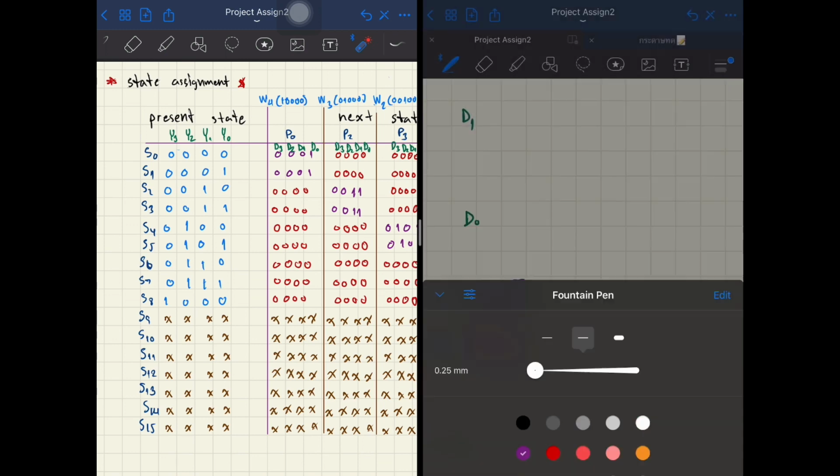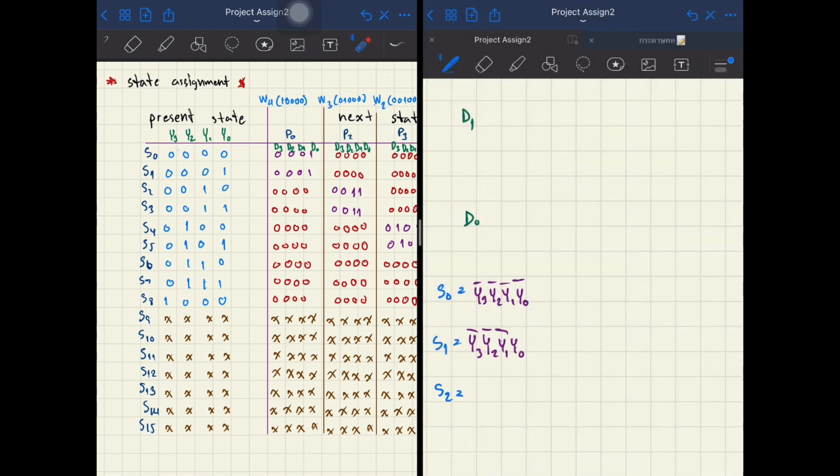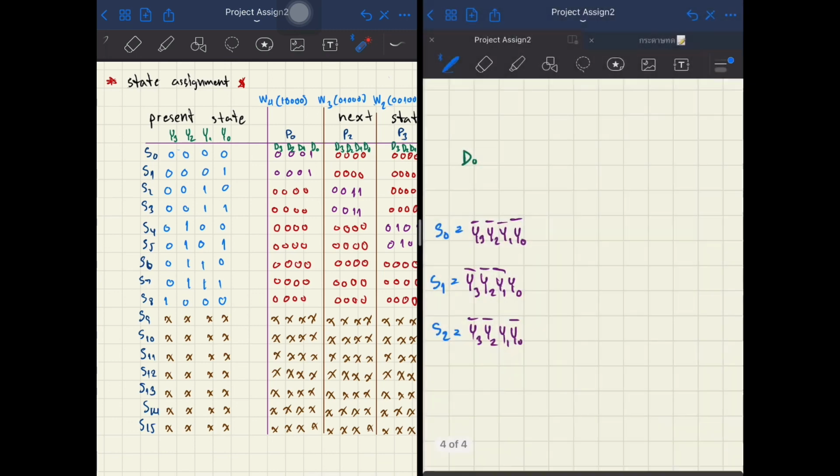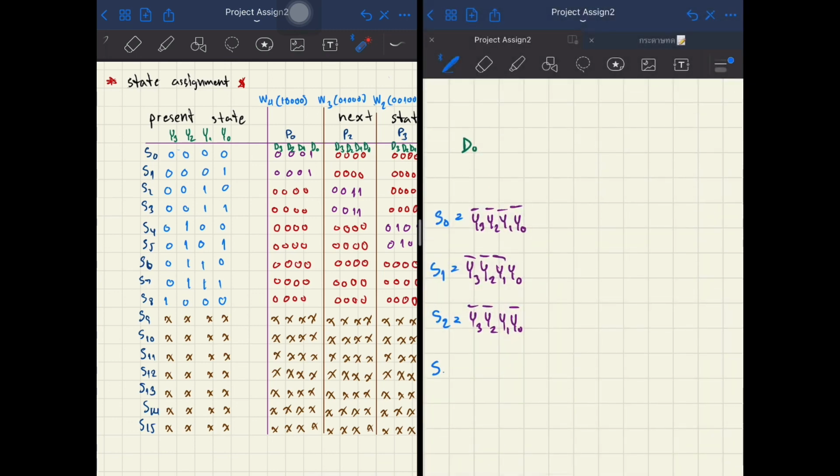S2, it is y3 y2 y1 y0 and then complement at y3, y2 and y0, right? Next, S3.